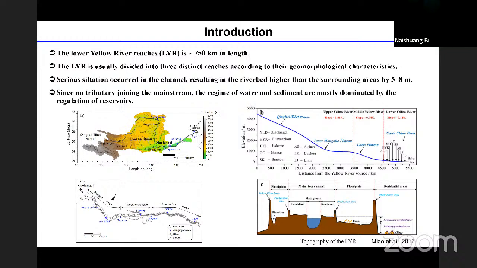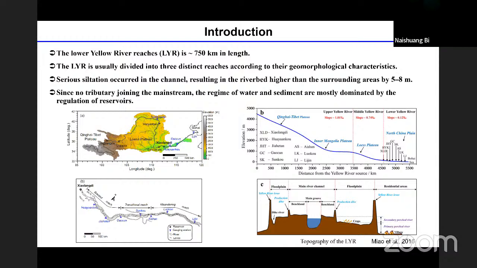The Lower Yellow River is from the Xiaolangdi to the Lijin Station. It is about 750 kilometers in length. The Yellow River is usually divided into three distinct reaches: a braided reach, a transitional reach, and a meandering reach, according to their geomorphological characteristics.